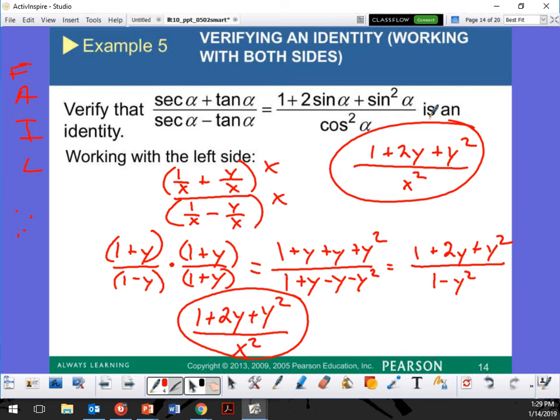The reason this works out so well is because of the way I have taught you to change it to x's and y's; your math cleans up really quick. It's easy to see. Now, since I verified it, I could leave my answers at this, because my left side is now equal to the right side. Are we good? Okay.